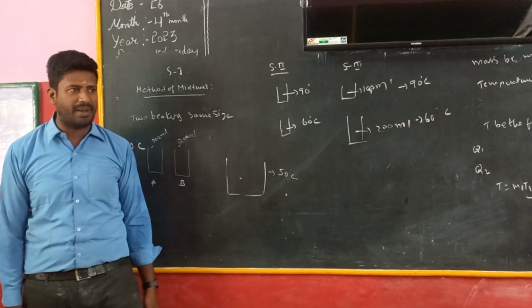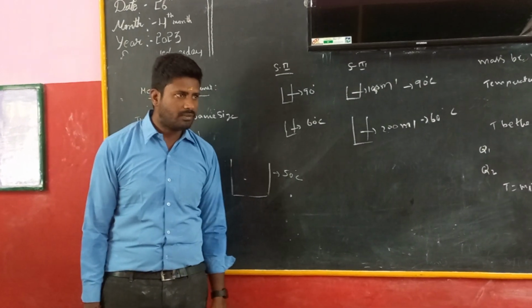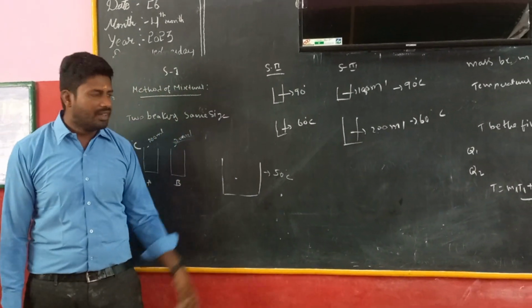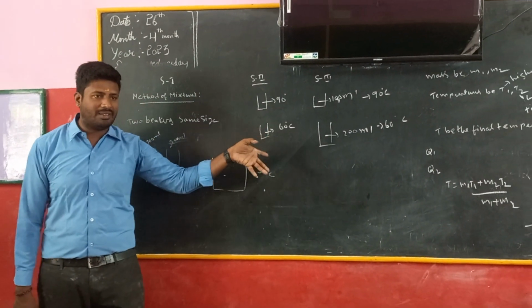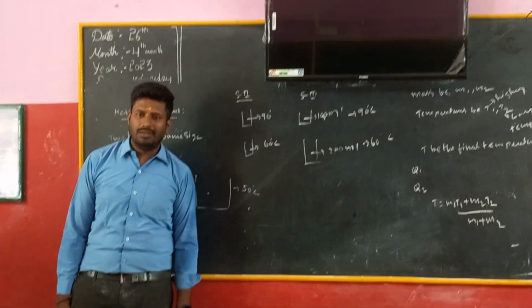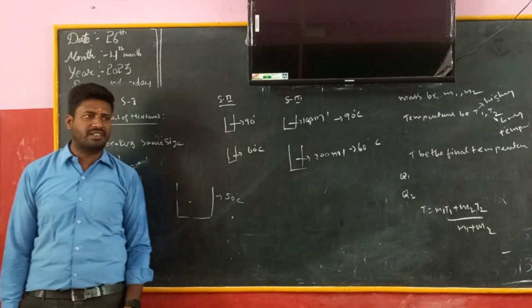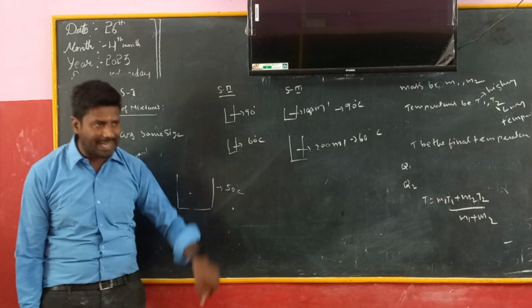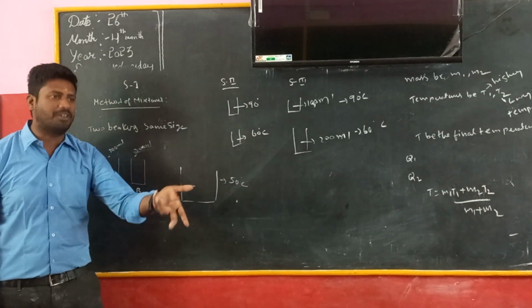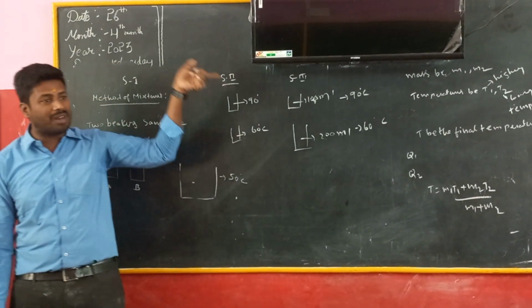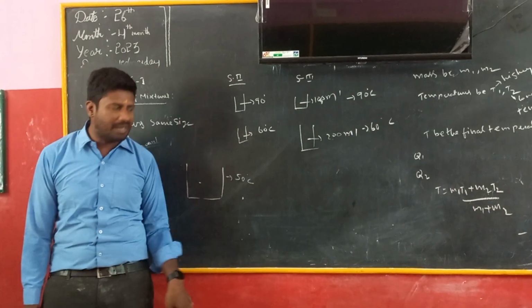The highest temperature is T1, so T1 minus T. Compared to the colder sample, the temperature of the mixture is higher, so T minus T2. T1 minus T, T minus T2.